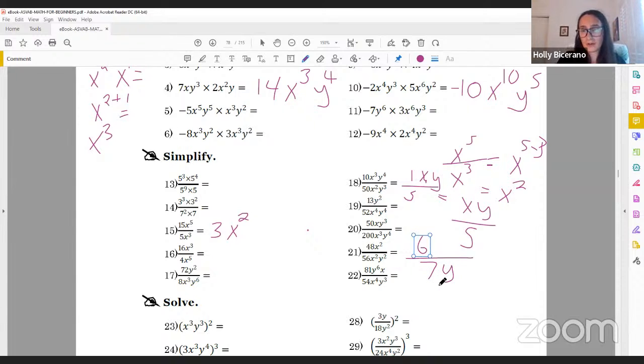So there's no math that needs to be done there. We just attach that. And so this becomes our answer, 6 over 7y squared. So this is what we have for the quotient rule.